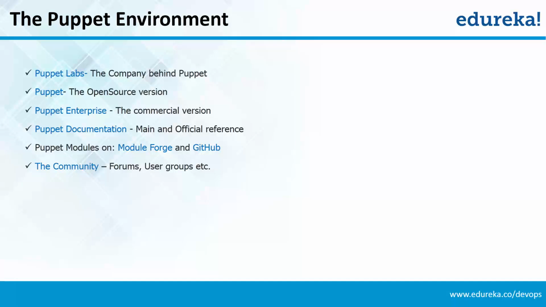Now, we did mention this before. Some of the terminologies and the things which are there: Puppet Labs is the company behind Puppet. When we talk of the term Puppet itself, we said it's a whole set of tools, but just be aware that these represent the open source version of Puppet.